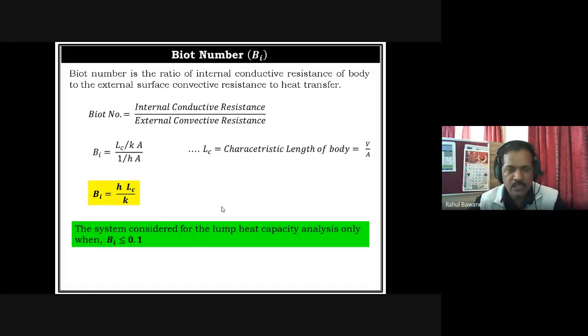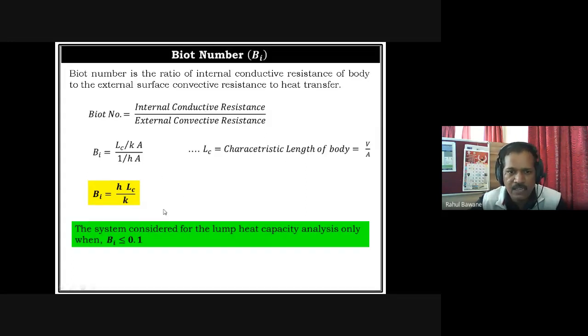It means if the Biot number is greater than this, then we have to use our conventional method where we consider internal thermal resistance, external convective resistance, then we find out total resistance and find out the rate of heat transfer, like that. But if the Biot number is less than or equal to 0.1, in that condition we have to attempt that numerical by using the lumped heat system.